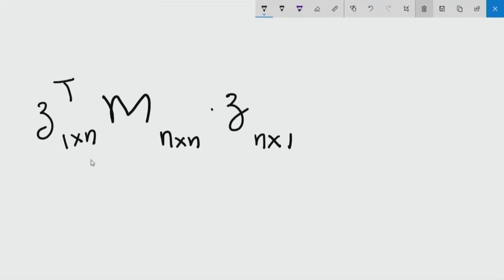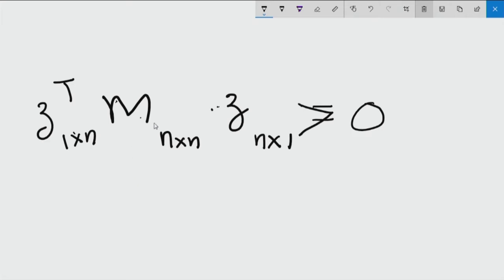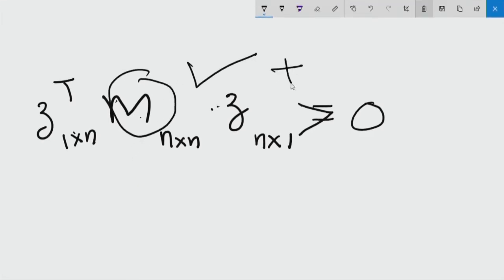Whether we multiply these two first or these two first is immaterial, because matrix multiplication is associative. Whether we multiply M with Z, then Z transpose with that, or first multiply Z transpose into M and then by Z, is immaterial. If this is greater than 0, then the matrix M is said to be positive definite.